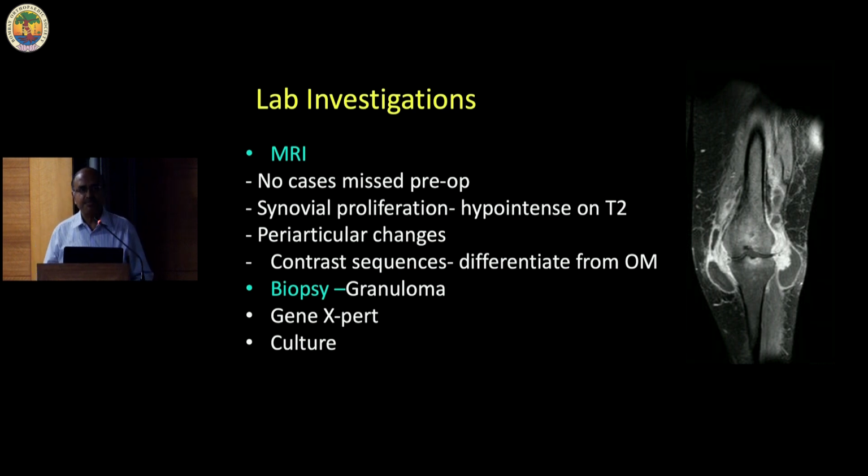Usually no cases are missed preoperatively if you do an MRI, and if the MRI shows synovial proliferation which is hypointense on T2 images, and periarticular changes, the radiologist almost gives you a diagnosis of an osteoarticular infective pathology, most likely due to tuberculosis. Of course, the biopsy will confirm that there is a granuloma. You can send it for GeneXpert and culture, and we have discussed it enough during the earlier part today.